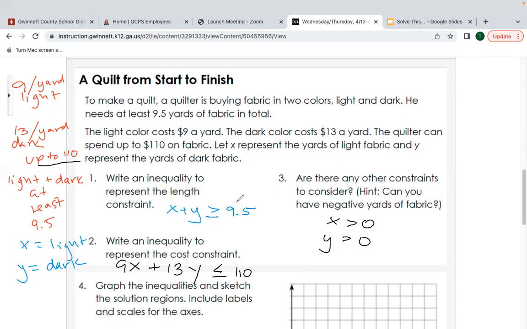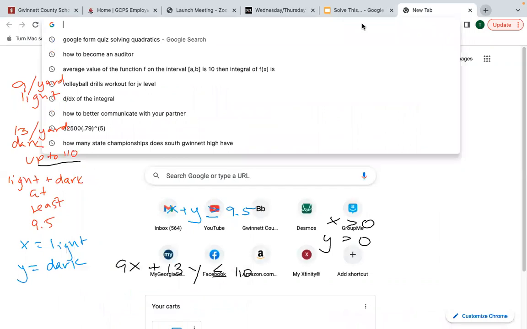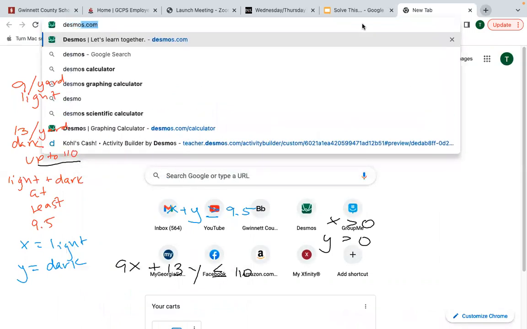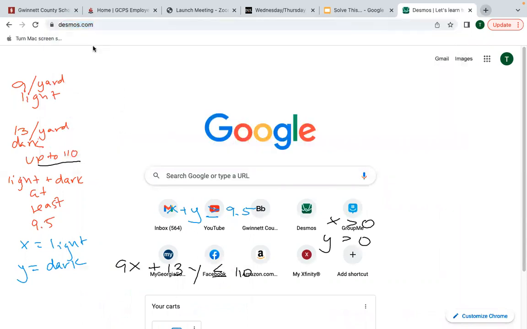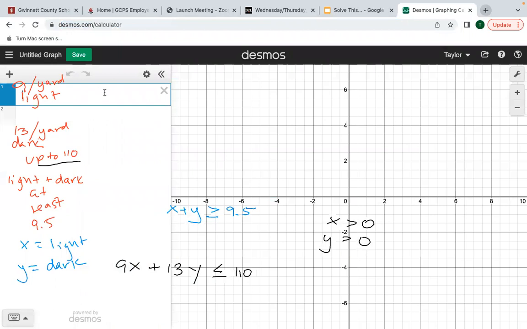So we're going to take all of these inequalities and go into Desmos and type them in exactly how you're seeing them to graph them. So watch. We go into Desmos, graphing calculator, and we type them over here.